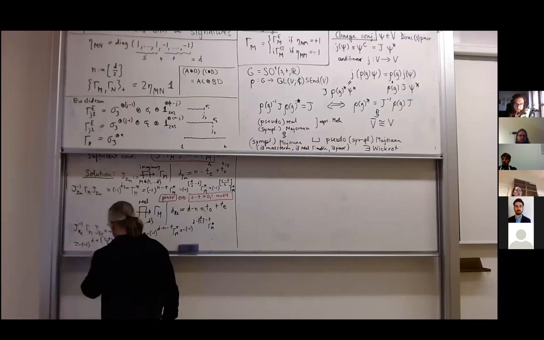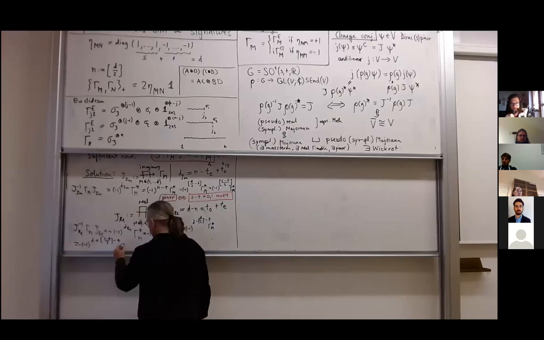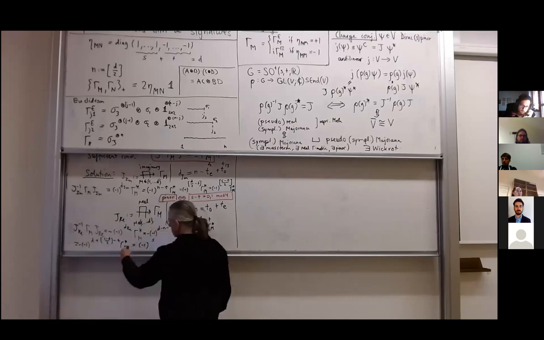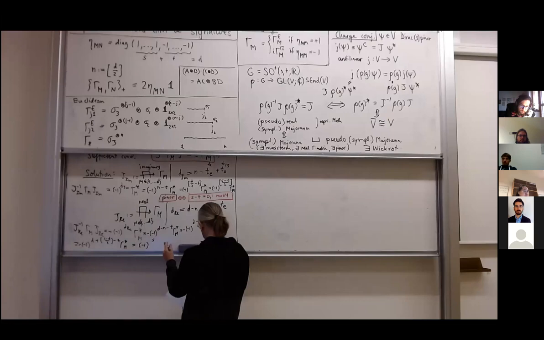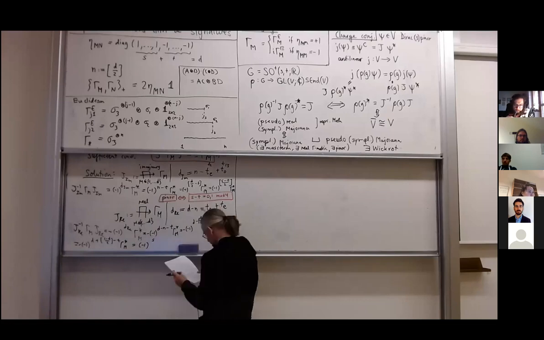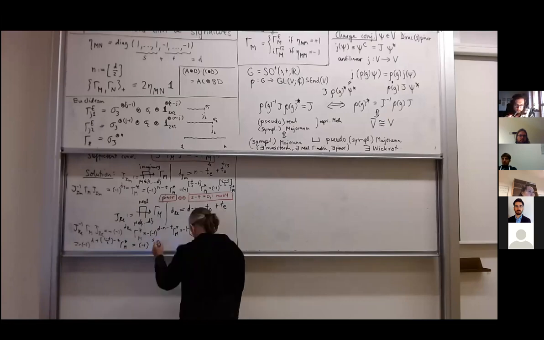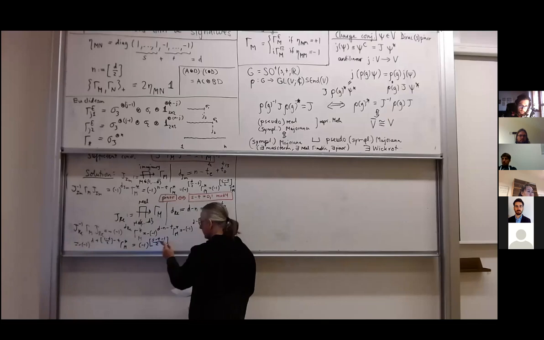So I claim that at the end of the day, this is gamma star m, this becomes equal to -1 to the s, and then I bring up the minus upstairs. So this explains why I now get -1 to the s minus t over 2, absolute, integer part m star.